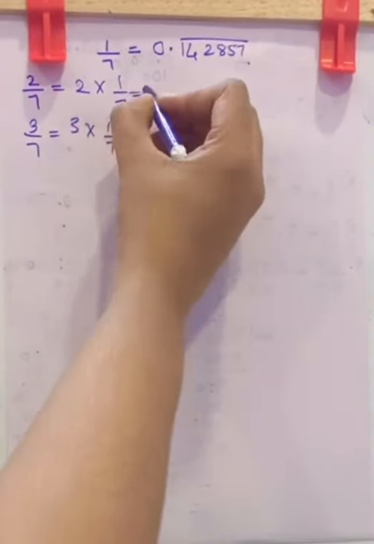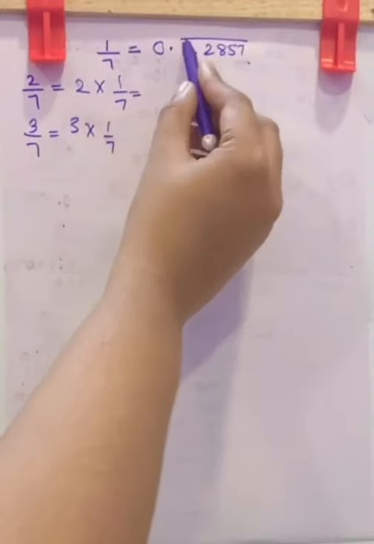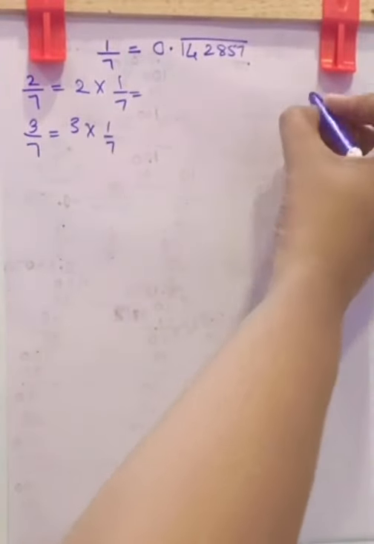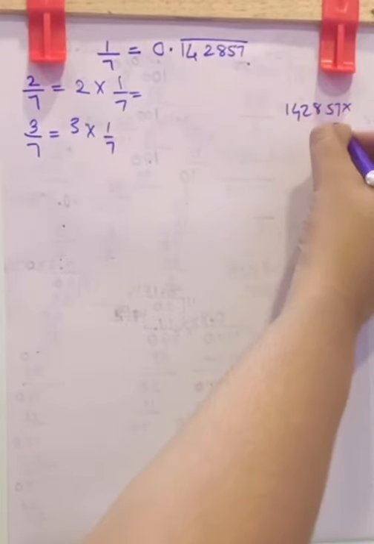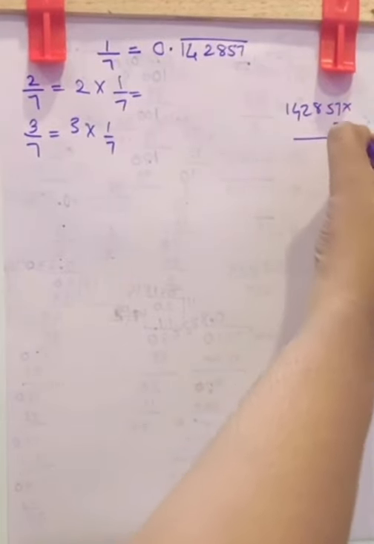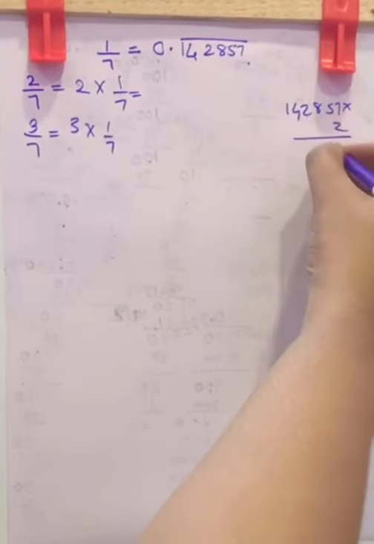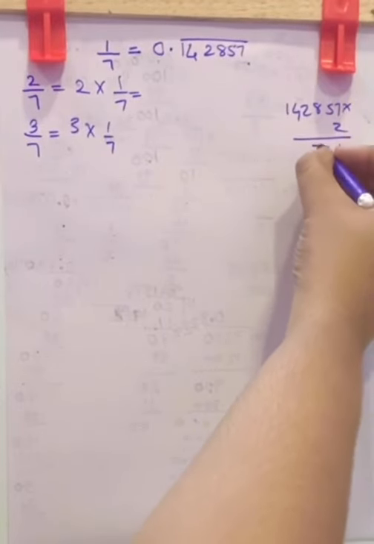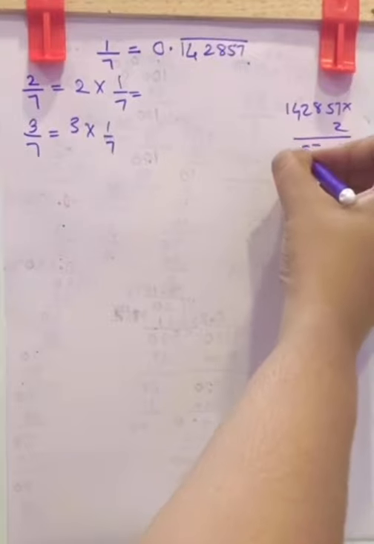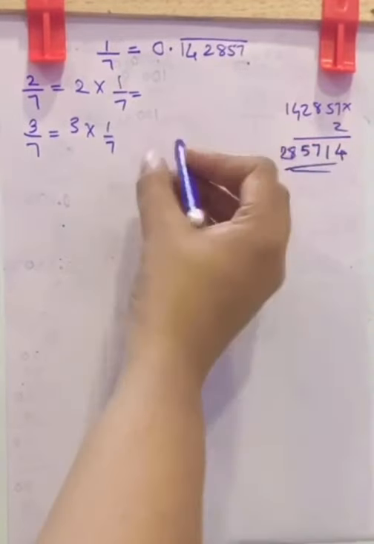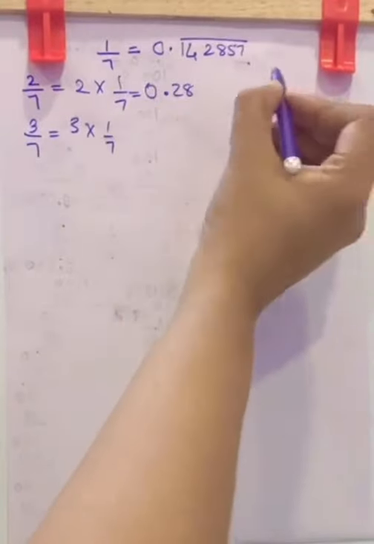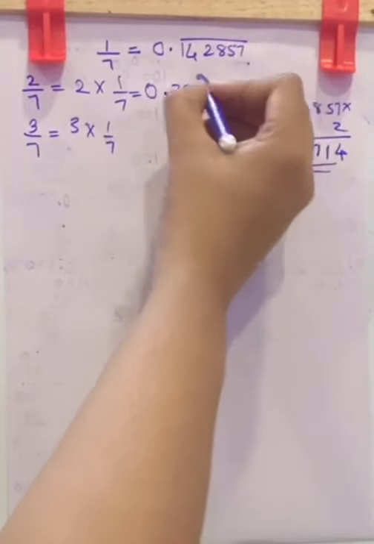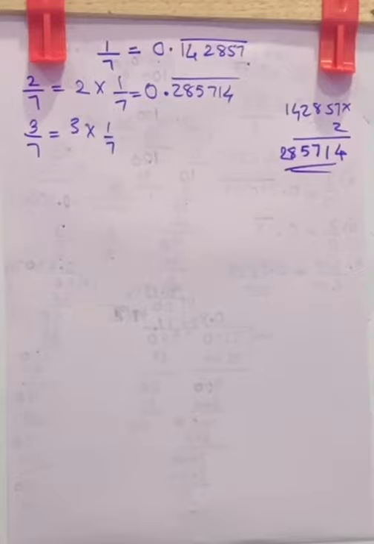So 2 into 1 by 7 means 2 into this value, that is 142857 into 2. So we can write it as 0.285714 bar. This will be repeating.